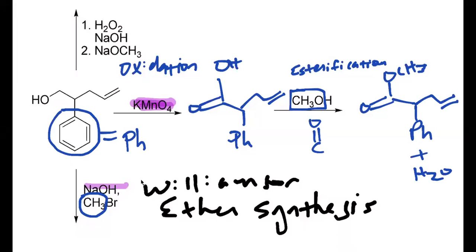About how, if it's a substituent, you can write the benzene ring as a phenyl group, and so we just abbreviate it as Ph. All right. So that's an oxidation followed by an esterification.